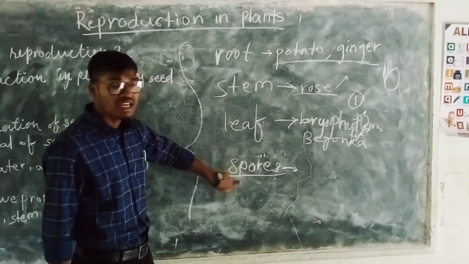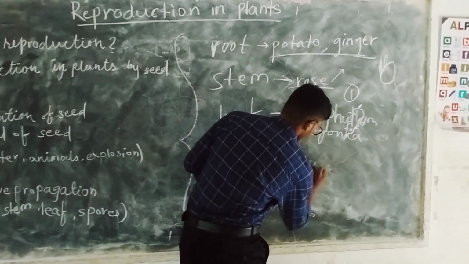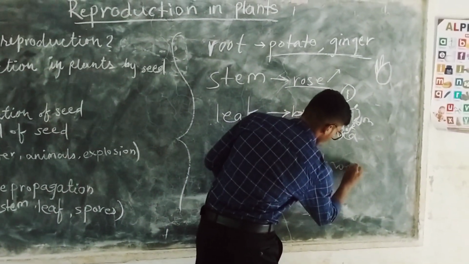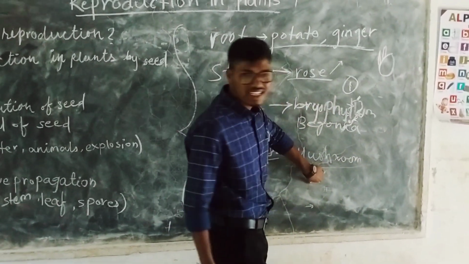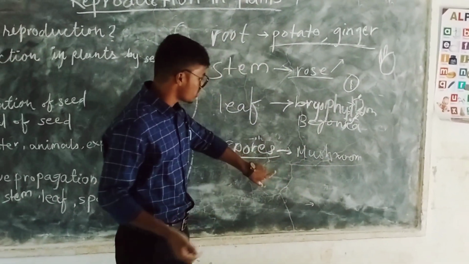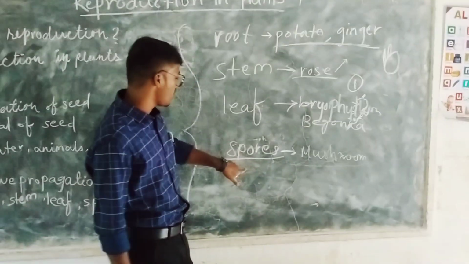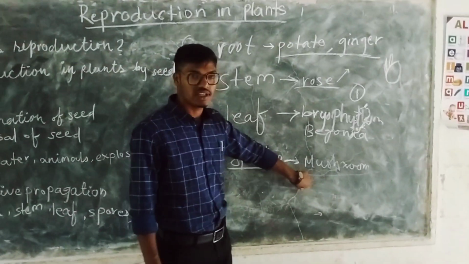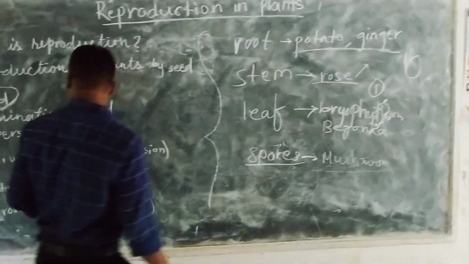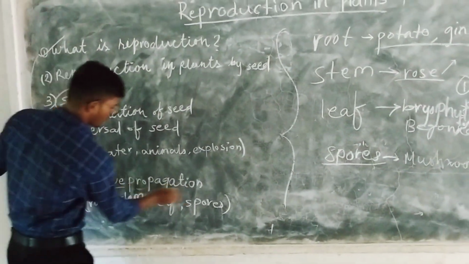Spores means most of the time such as mushroom. They are very light and thin. Most of the time they don't have any flower. Because of that they are known as non-flowering plants.